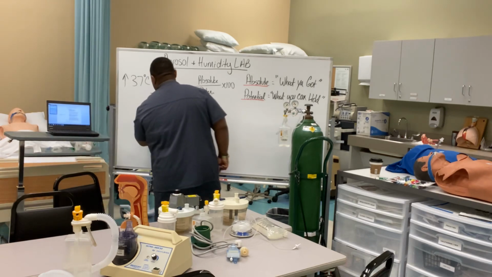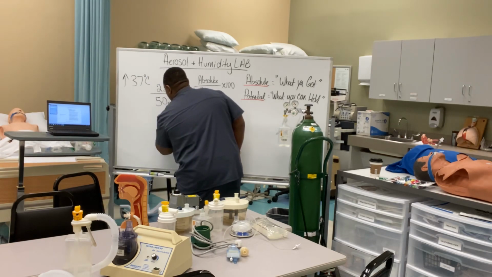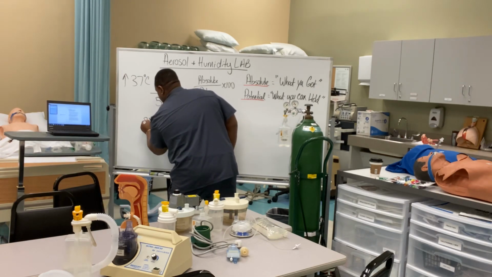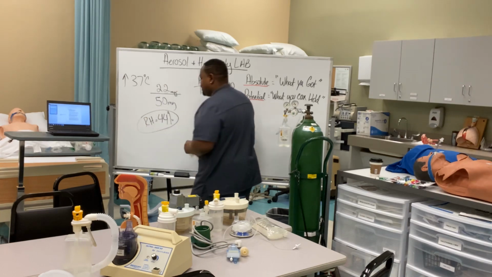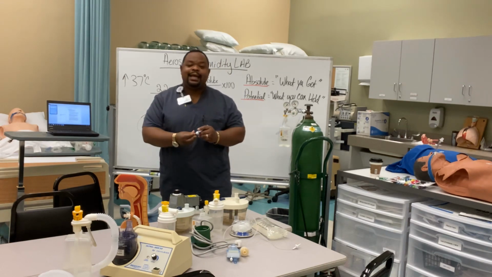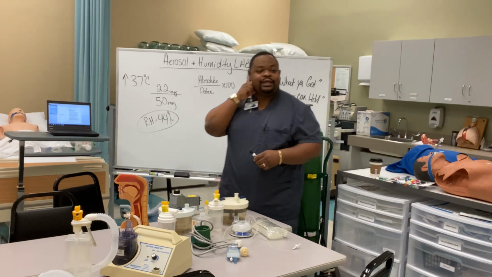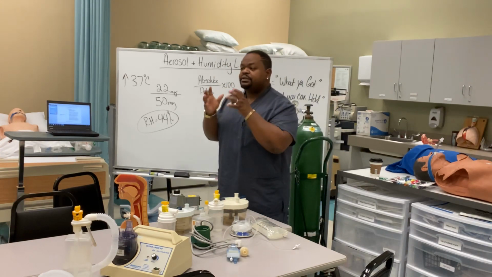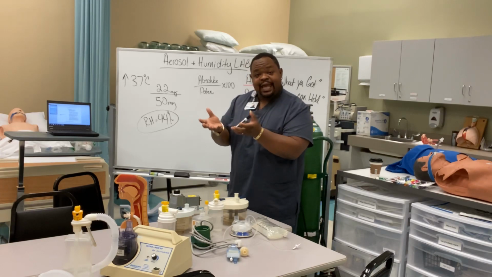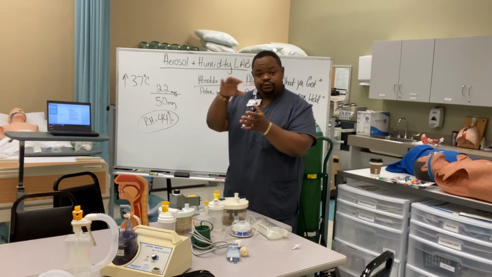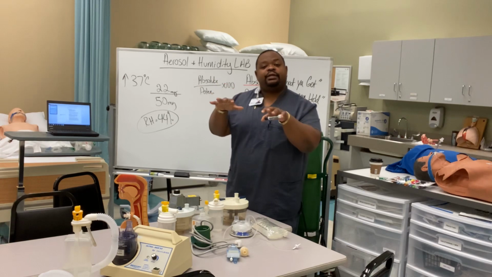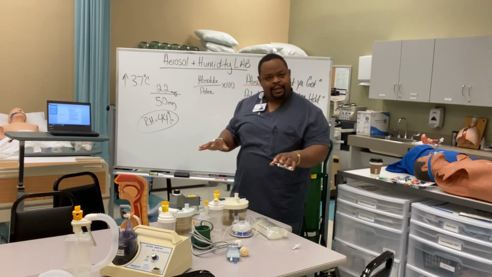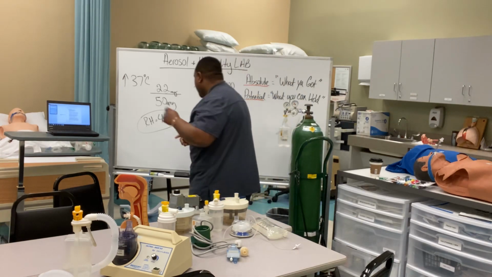Now the relative humidity is 44%. So the relative humidity went down. Relative humidity went down because the temperature went up. The temperature went up, so the potential of the gas went up, but the absolute stayed the same. So that brought the relative humidity overall down. Now, the opposite way.